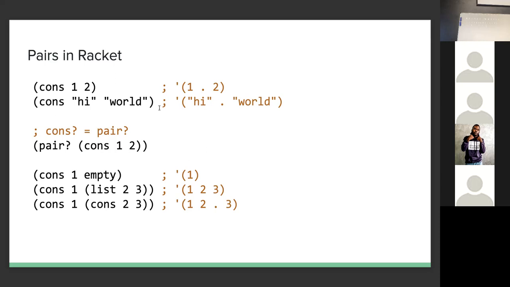So what it means is that you indeed have a pair where the first element is 1 and the second element is the rest of whatever you have in the parentheses, which is 2.3. Okay. So in other words, you could write this also as 1 dot and then in the parentheses 2.3, but that would be too many symbols, I guess. So this is how you would find it written in the interpreter. Okay. So this is just a syntactic thing that you should probably be aware of because you might see it in the interpreter. Okay.